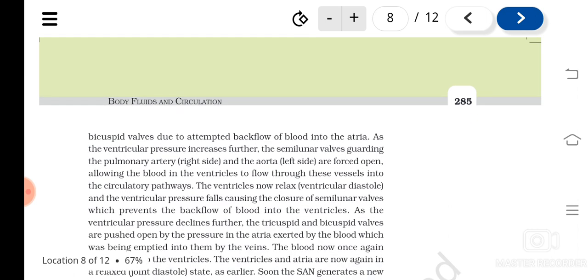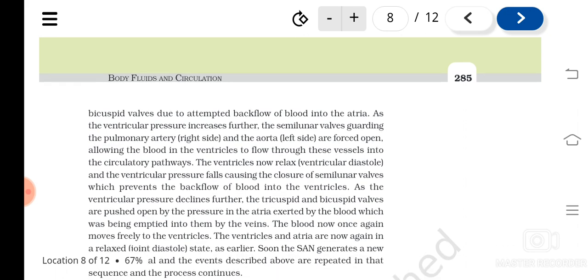As the ventricular pressure increases, the semilunar valves will get opened. These valves are present in the arteries, the pulmonary artery and the aorta. So they will get opened, and the blood will be pumped from the ventricles to the blood vessels.